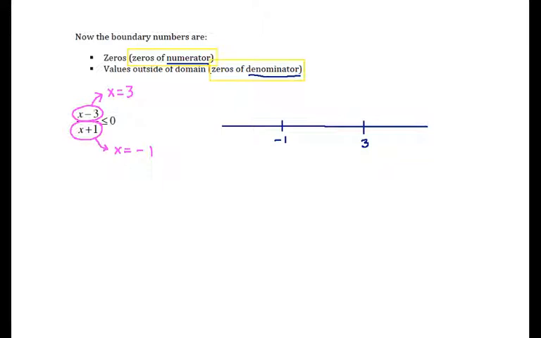And while I'm at it, I'm going to mark each of these numbers with whether it itself is part of the solution. This is an inclusive inequality, so that means zeros of the function are included in the solution set. 3 is a 0 of the numerator and therefore is a 0 of the function. On the other hand, zeros of the denominator are never in the domain.